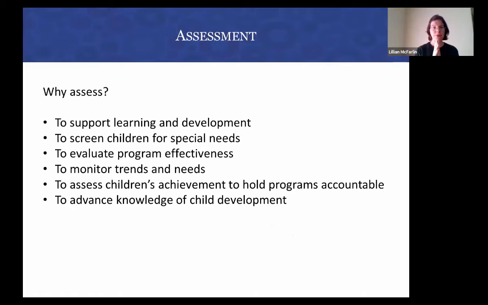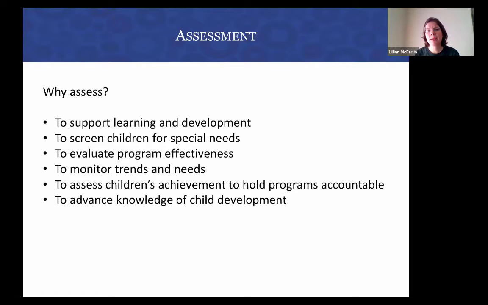So using that assessment to figure out what to teach next. All right. Why assess? So this is pulled directly from your textbook, this section here. And remember, assessment, other words that are similar to it are testing, but it's not really testing, it's like trying to figure out what you know.